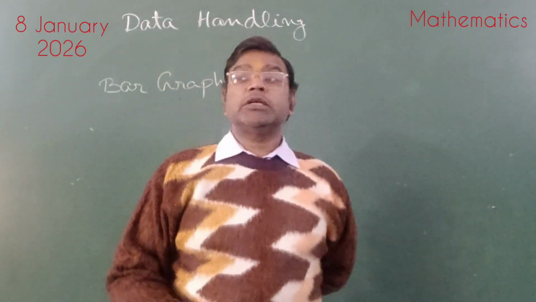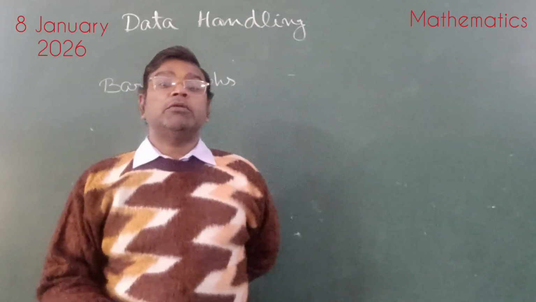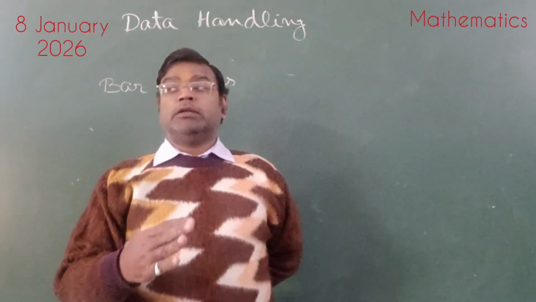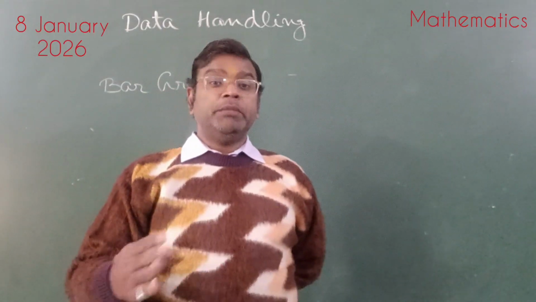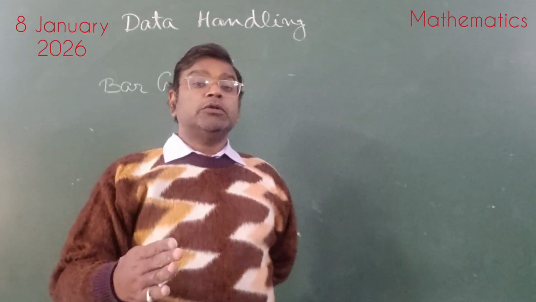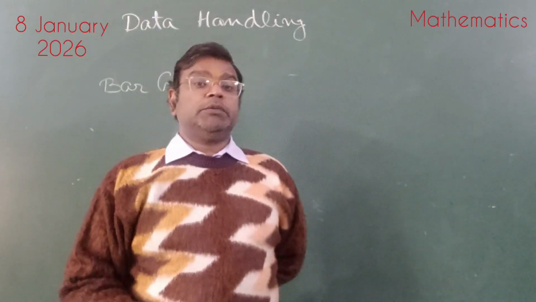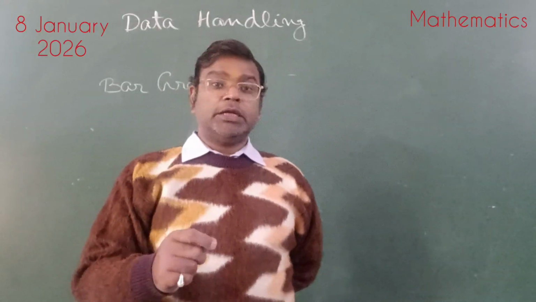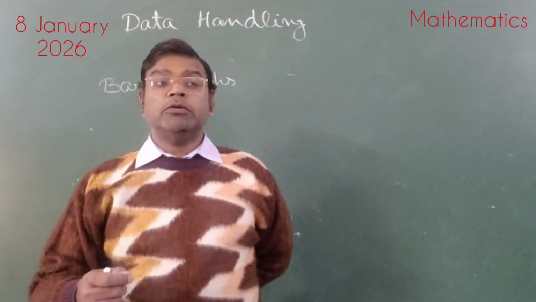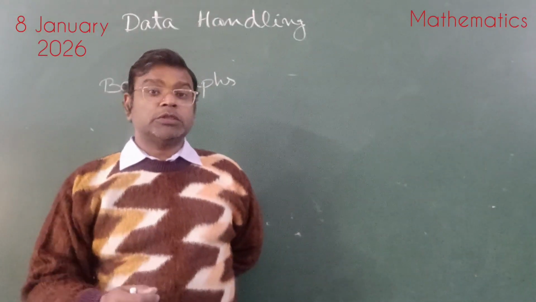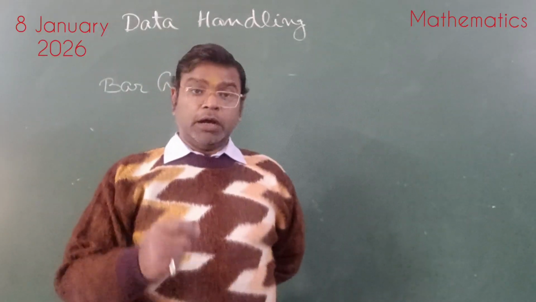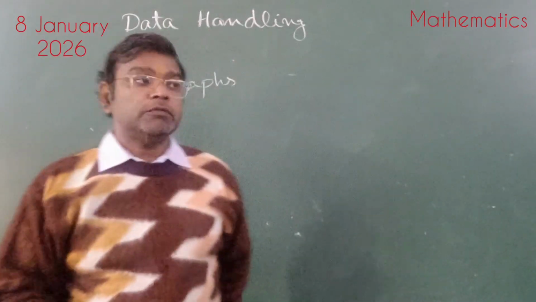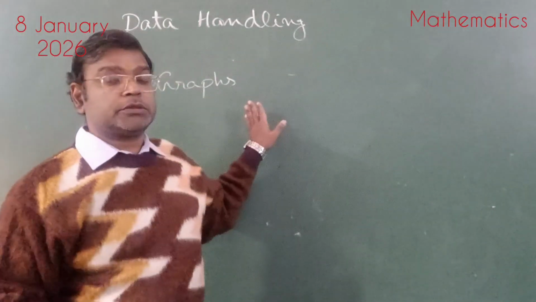In previous classes, we already discussed data, frequencies, mean, median, mode, and also the frequency distribution table. In class 8, under this heading, we are going to learn some more concepts of data handling. We start from bar graphs.